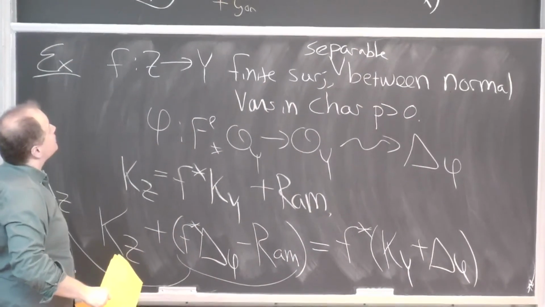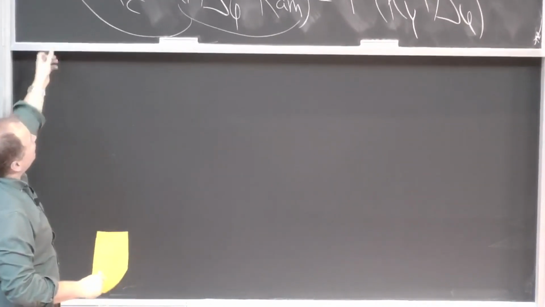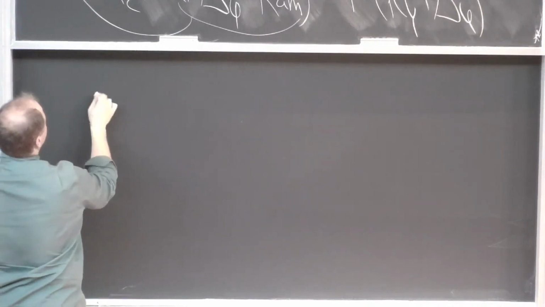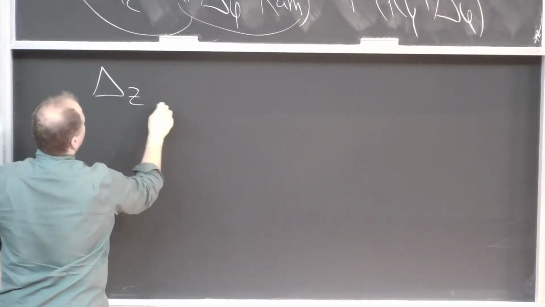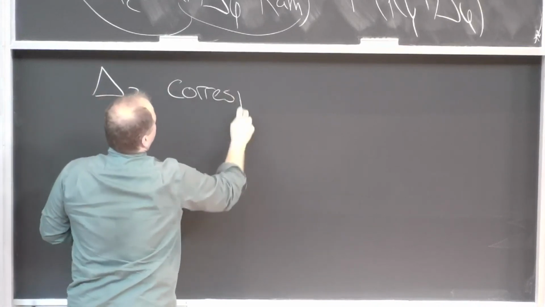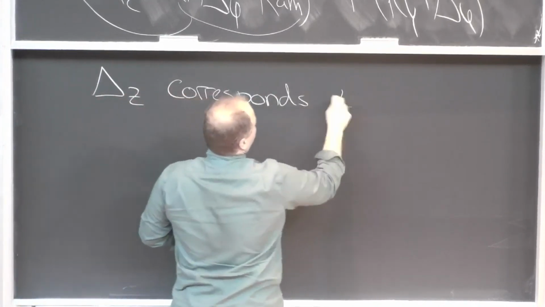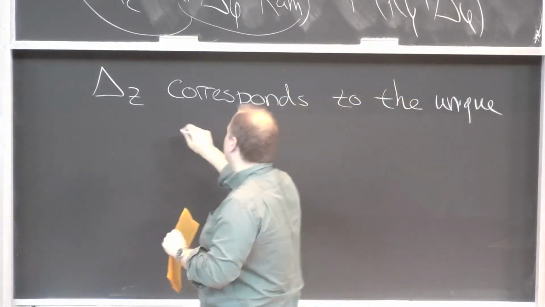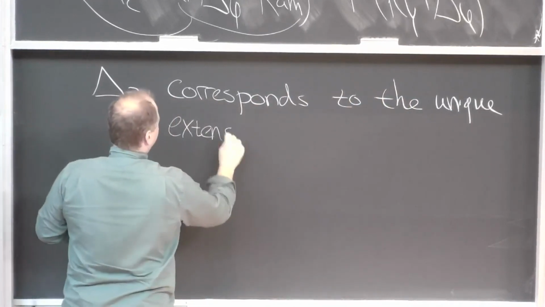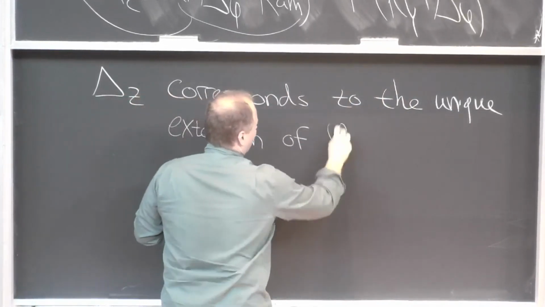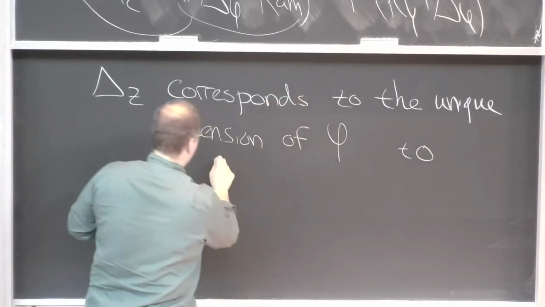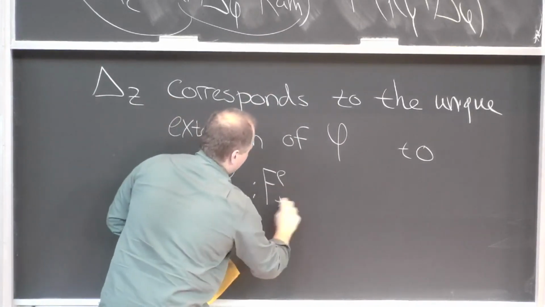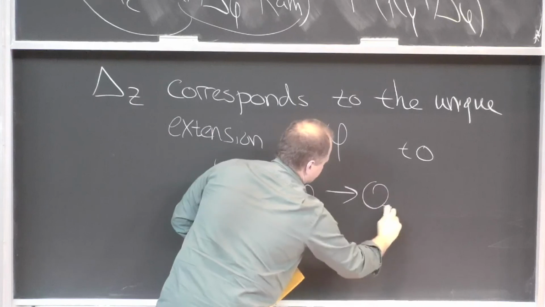It turns out in this case that delta z corresponds to the unique extension of phi to, maybe I'll call it phi z, Fe lower star Oz to Oz.